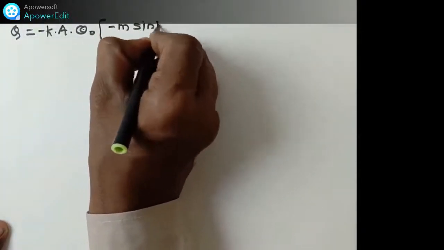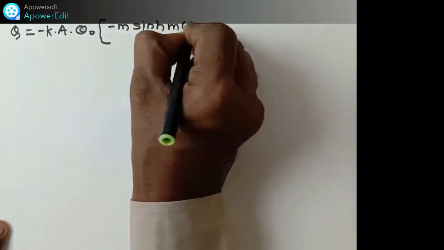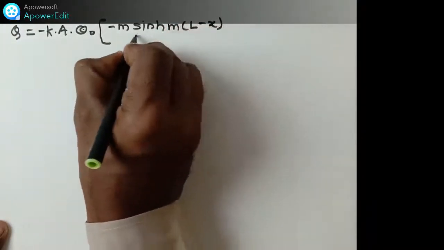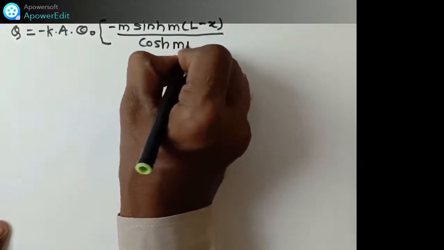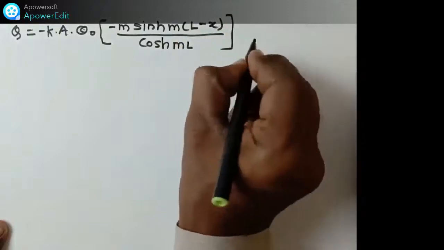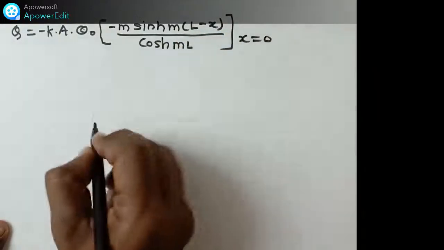So we can have further Q is equal to minus k a theta 0 bracket minus m sin h m l minus x divided by cos h m l at x is equal to 0.